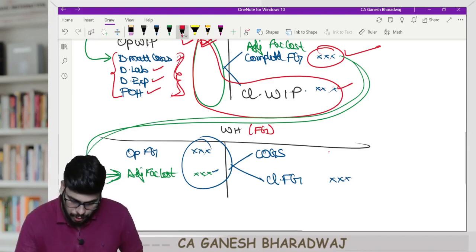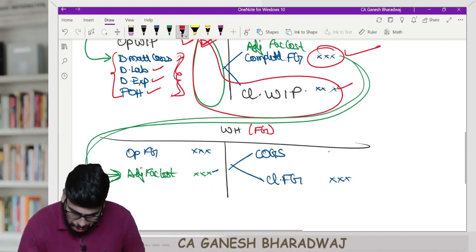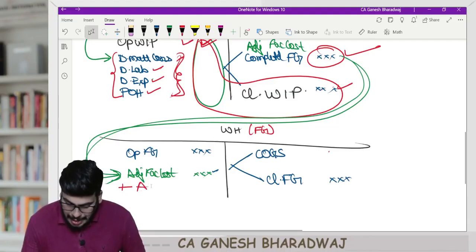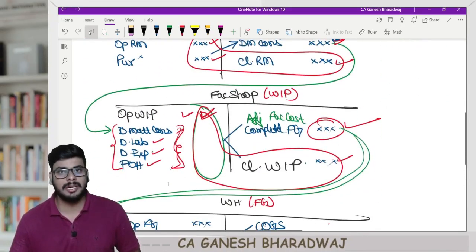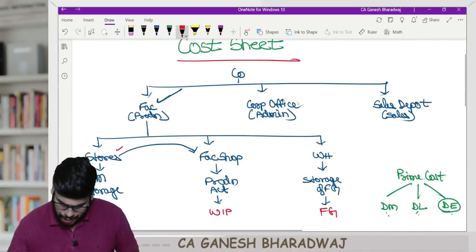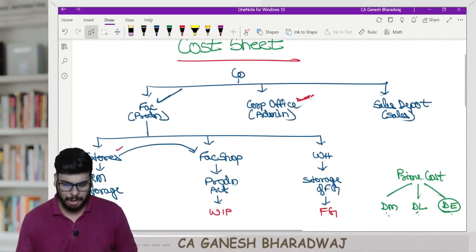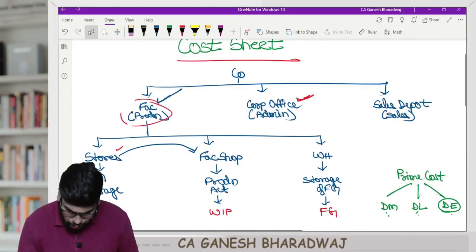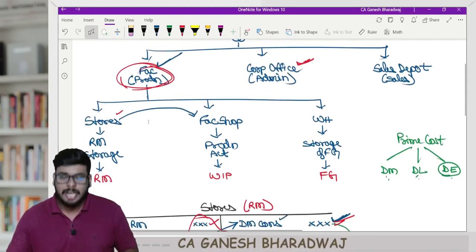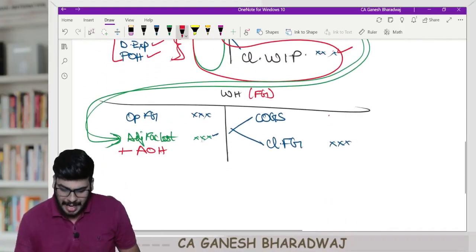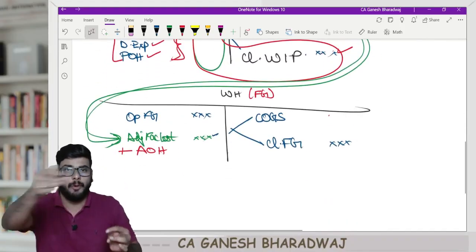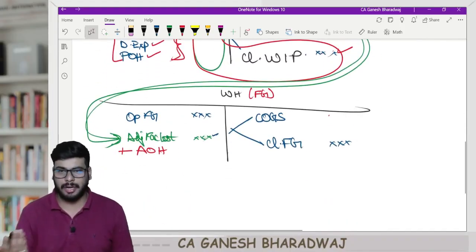Now over and above this, they are adding administration overheads. Sir, administration overheads is not incurred inside the factory, no. Administration overheads is incurred only in the corporate office. We are talking exclusively about the places inside the factory. Sir, why is administration overheads being considered here? You are right.